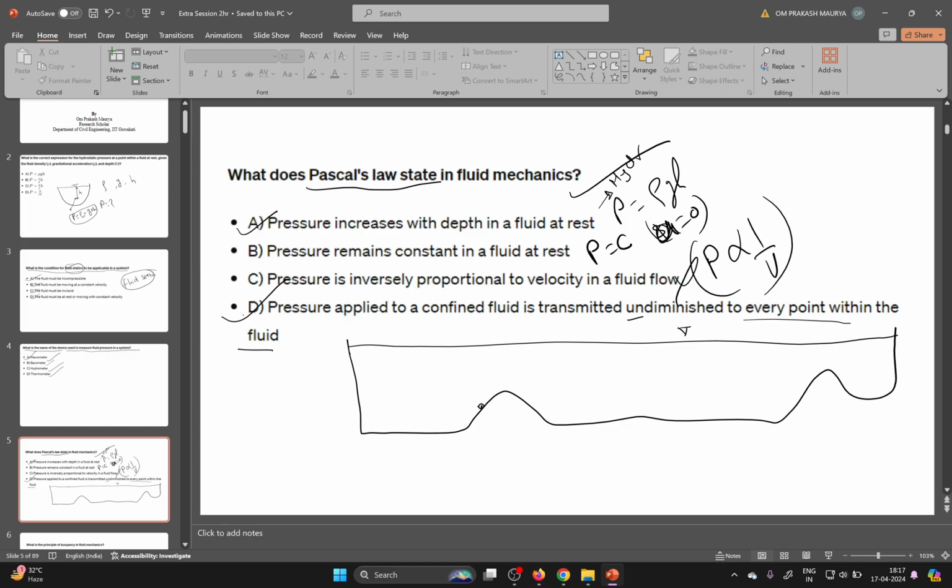Let us suppose here one point, and at the same level we will select another point. All is water, H2O, at the same level we have selected another point.